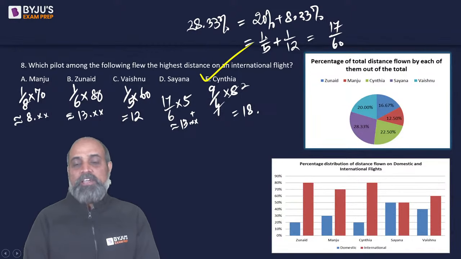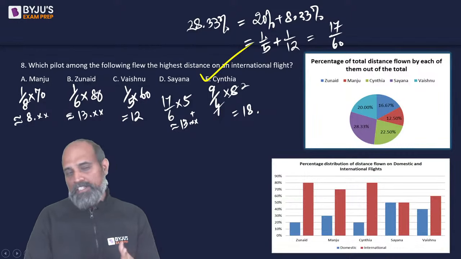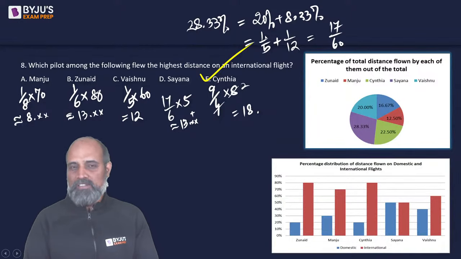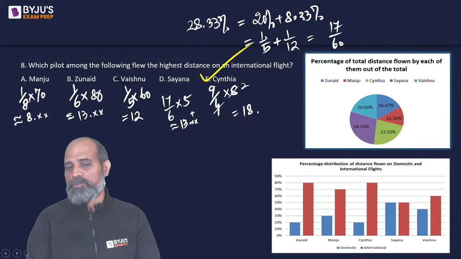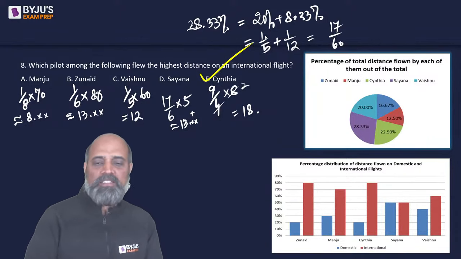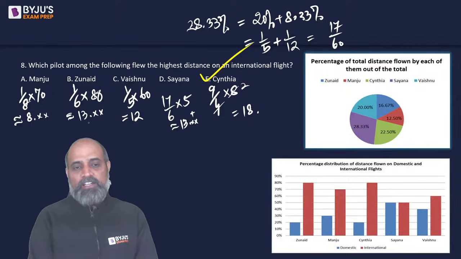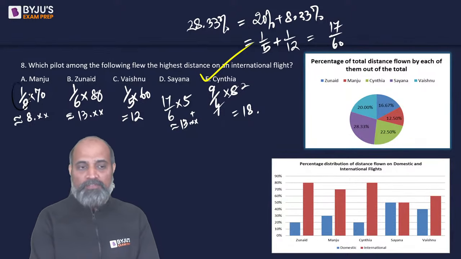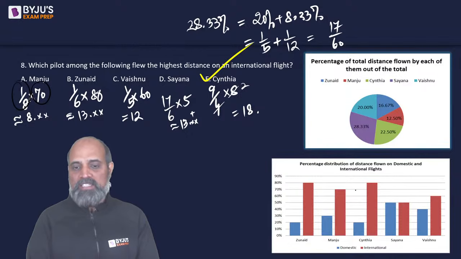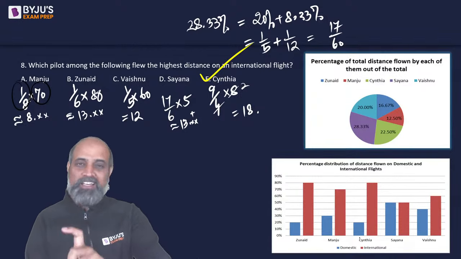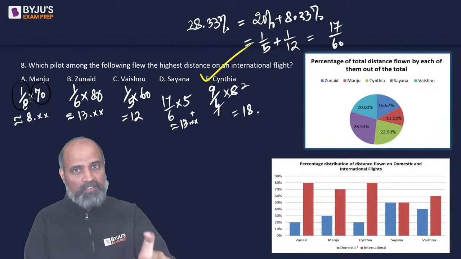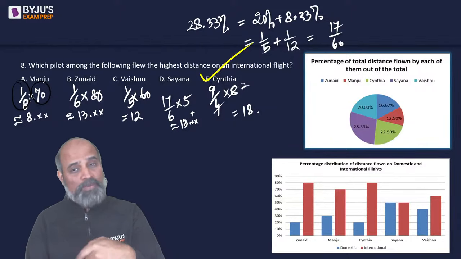Okay, could we have done it a little faster? We could have, but there is a little fear because all the 5 people's names are there in the options. What shortcut could we have used? If you understood the calculation, can we say we have to multiply 2 things? One is the value of those brick colored bars and the value of the pies.